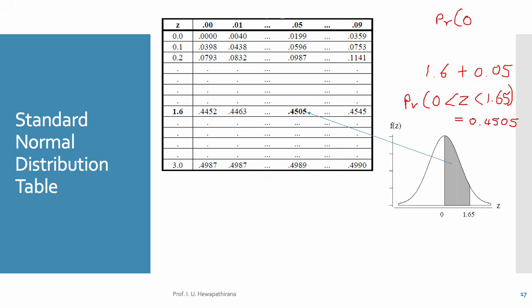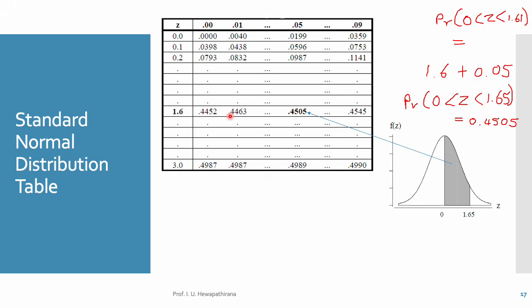So if I wanted to find the probability that Z is less than 1.61 and greater than 0, I would locate 1.6 under the Z column and move to the right until I find the column 0.01.